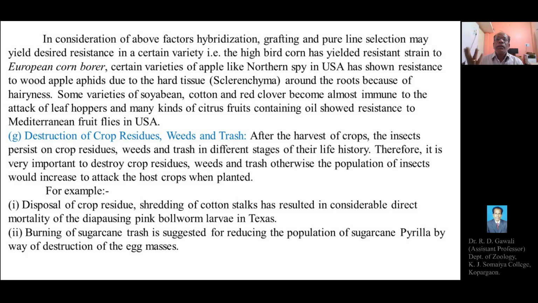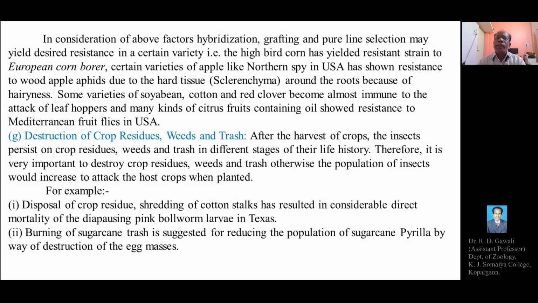The variety of the apple is resistant to wood apple aphids due to the hard sclerenchyma tissues around the roots and because of hairiness. So these are some of the features of the resistant varieties of the apple or even the hybrid corn, which has developed a resistant strain to the European corn borer.